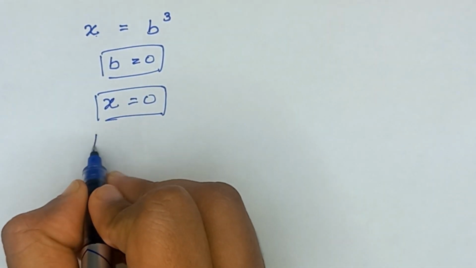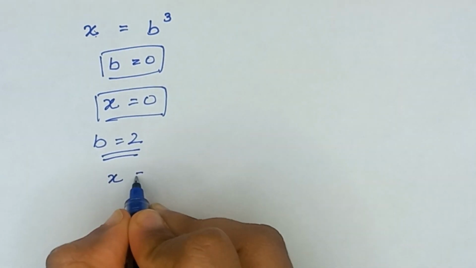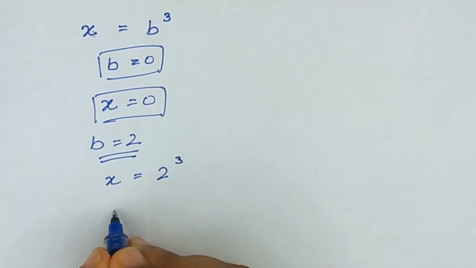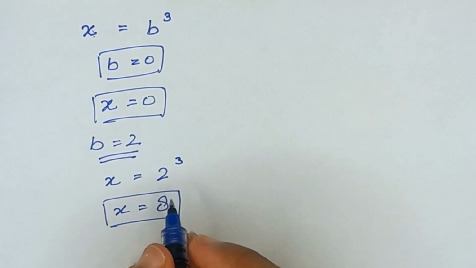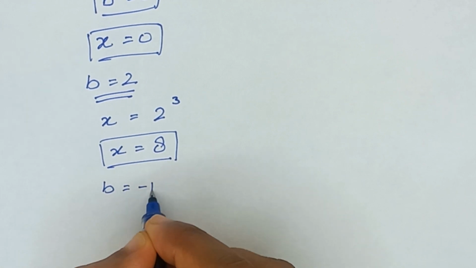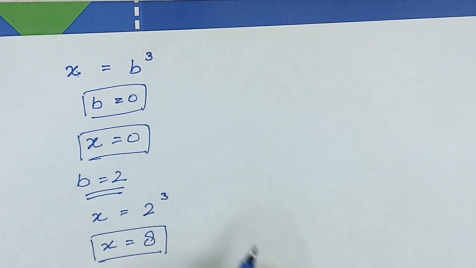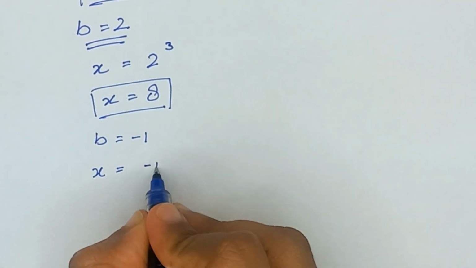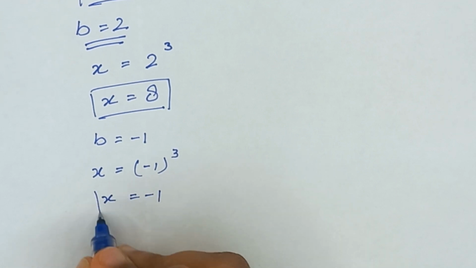Okay, when b will be equal to 2, then x will be equal to 2 cube, which is equal to 8. And when b will be equal to minus 1, then x will be equal to minus 1 cube, and minus 1 cube is same as minus 1.